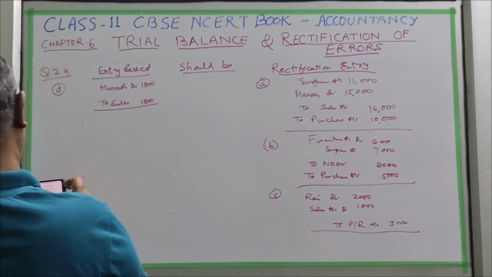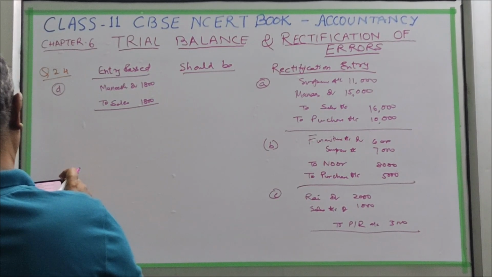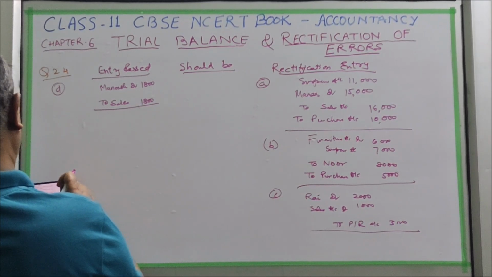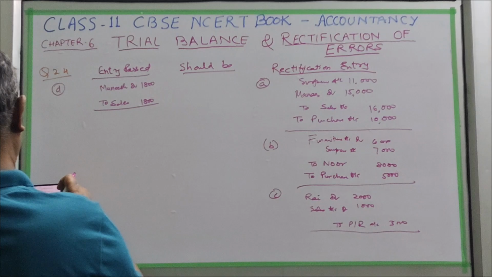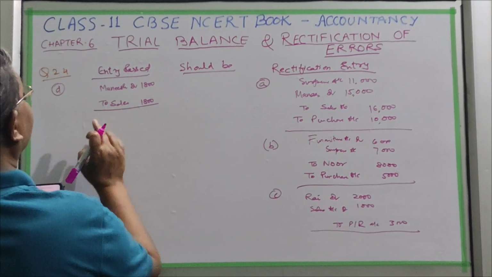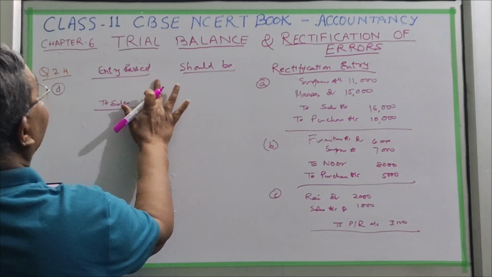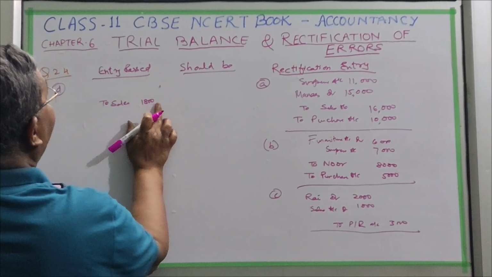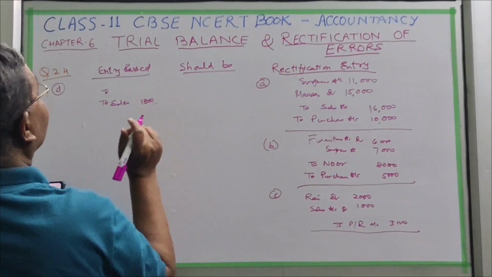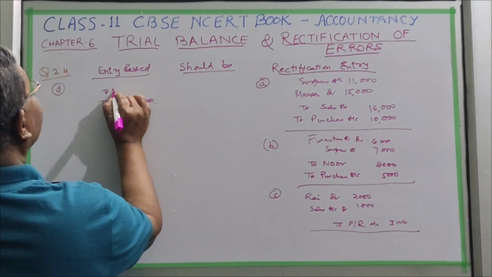Recorded through sales book as old machinery sold to Manish, recorded through sales book as 1,800. Posted to credit of Manish. Oh, posted to this sale and posted to credit. You have made another credit also to Manish.